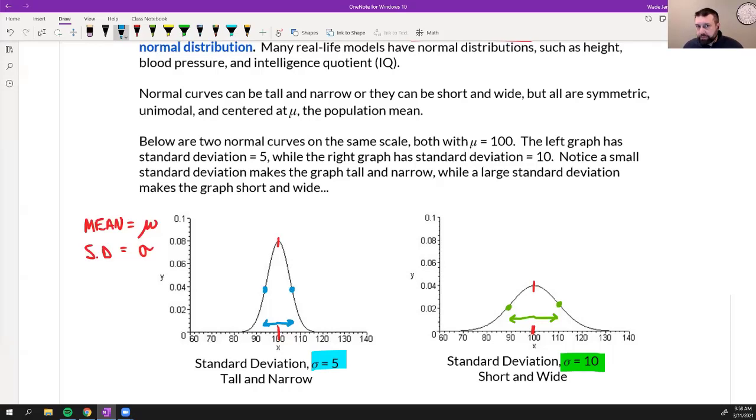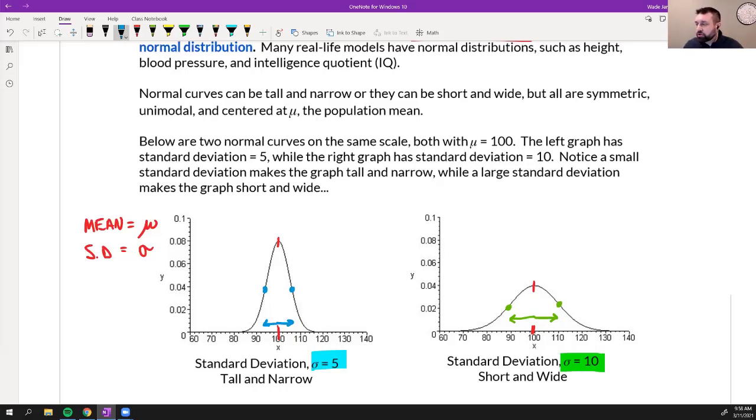And so what happens with standard deviation is it changes the shape of the curve. If you have a low standard deviation, a low deviation, that means that your curve is going to be tall and narrow. On the other hand, if you have a large standard deviation, if there's a lot of deviation in your data, your curve is going to be spread out over a larger region.